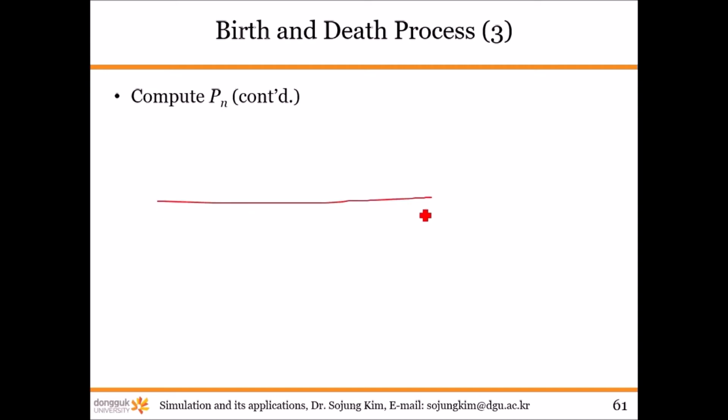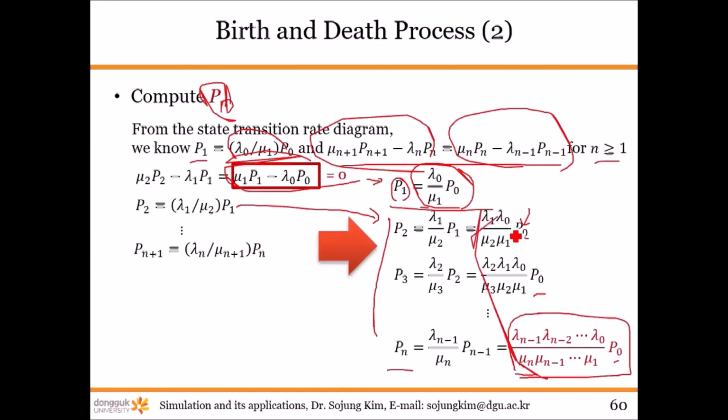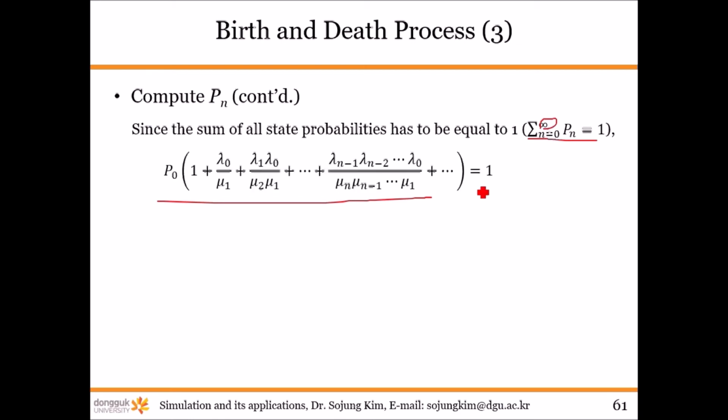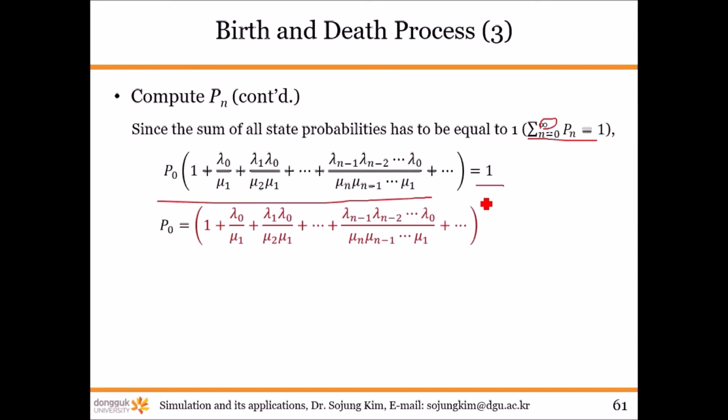So if you add all these parts, plus P0, starting from P0 until unlimited, definitely you will get 1, right?